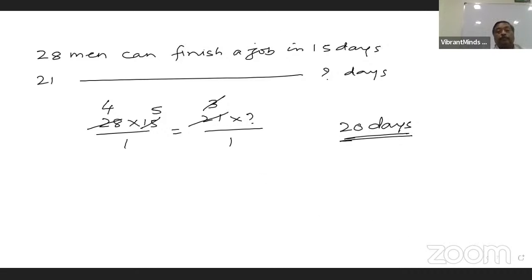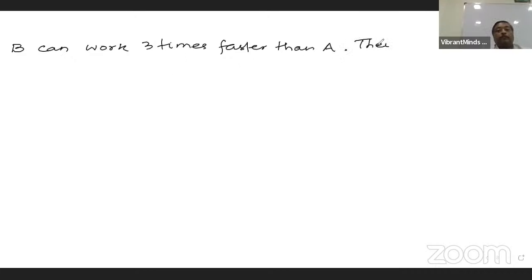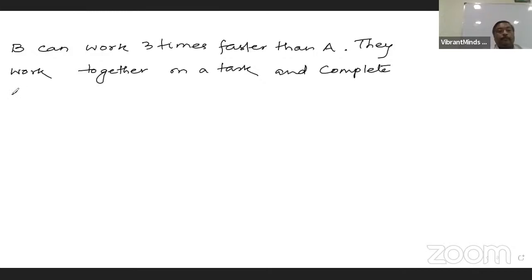Let's attempt another question. B can work 3 times faster than A. They work together on a task and complete it in a day.